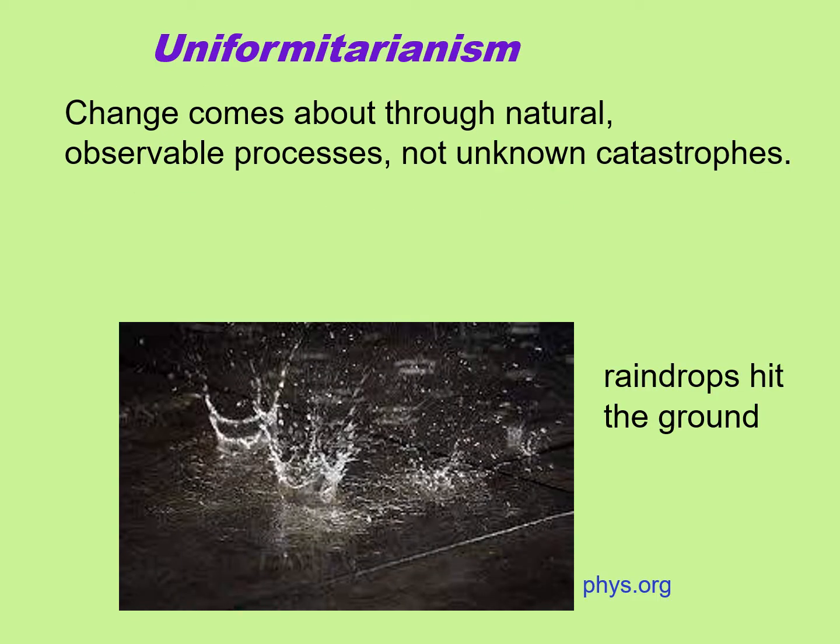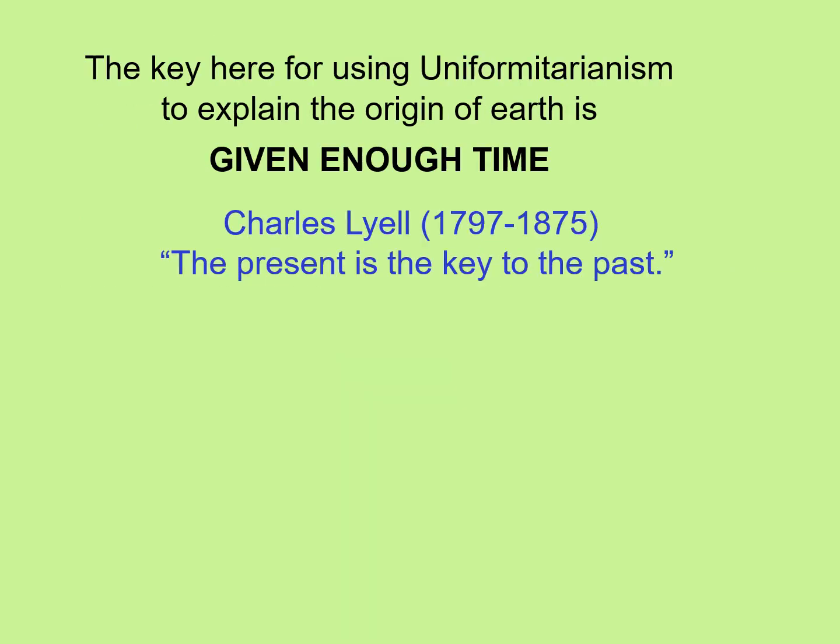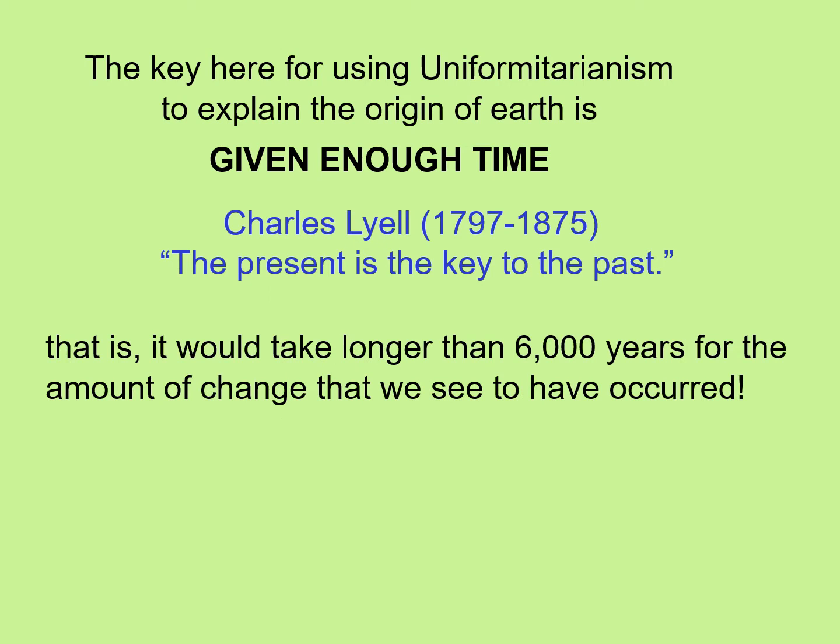Versus Uniformitarianism, which says that change comes about through natural, observable processes, not unknown catastrophes. In other words, the rates and processes of change in the past were the same as they are now. The key for using uniformitarianism to explain the origin of Earth is that, given enough time, it would take longer than 6,000 years for the amount of change that we see to have occurred.